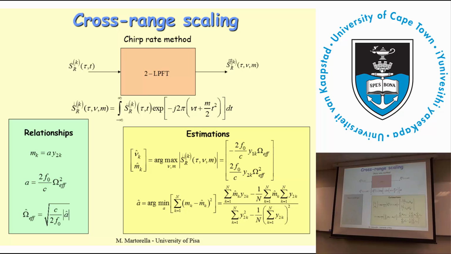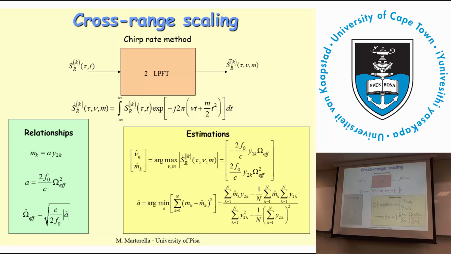Yeah. Been through that. So now, that means that there will be a particular value nu and a particular value of m that maximizes this. This function here is now a function of 1, 2, 3 parameters. It's a cube.